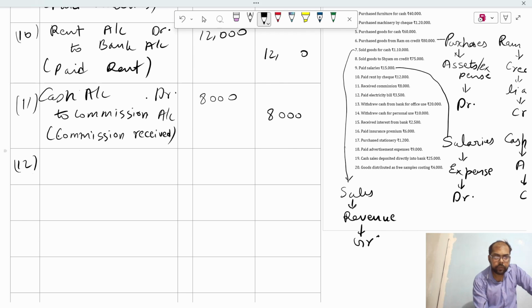12th transaction is paid electricity bill 3,500. So electricity bill is again an expense and all the expenses are debited. Therefore, electricity account debited to cash account.